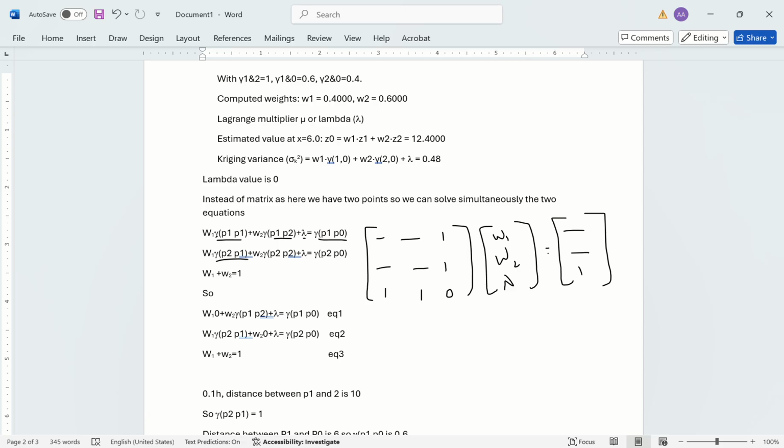Okay, so again, using the matrix multiplication, we would have arrived at the same points over here, W1 gamma P1 P1. So it's interchangeable and can be easily solved.